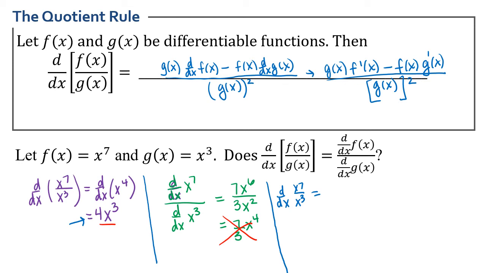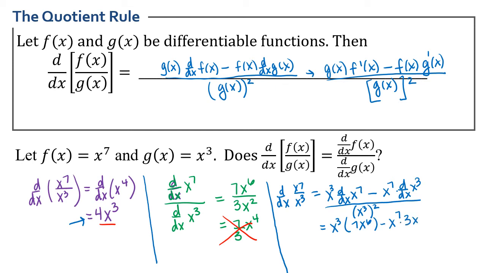Our g of x is x cubed, our f of x is x to the 7th. So it is g of x times the derivative of f of x, minus f of x times the derivative of g of x, all over g of x squared. That gives me x cubed times 7x to the 6th power, minus x to the 7th times 3x squared, all over x to the 6th.